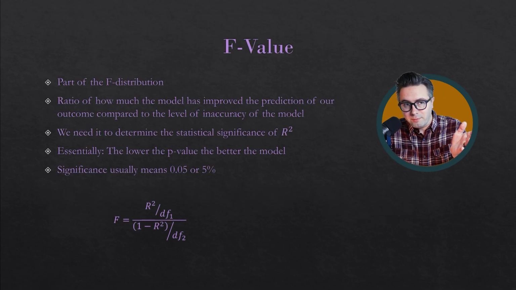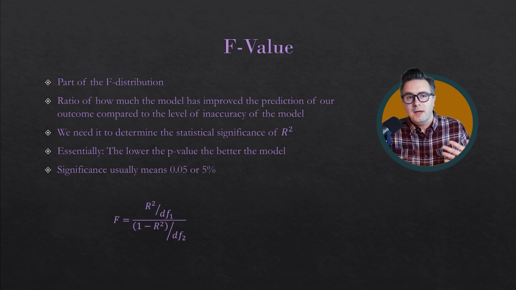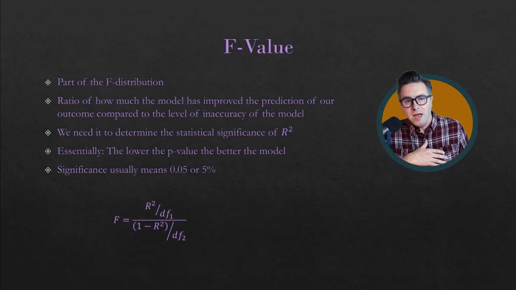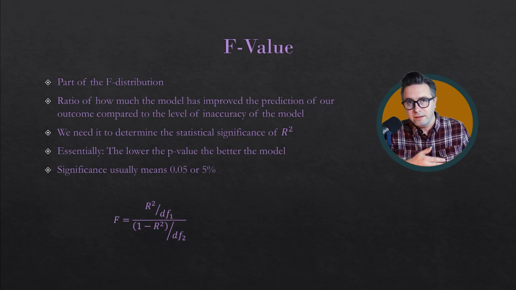So anyways, as promised, the F distribution. For the F value, there's a few different ways to calculate it. This is one of the ways, and it is part of the F distribution. It is a ratio for how much the model improves the prediction of our outcome compared to the level of inaccuracy of the model. And it helps us determine the statistical significance of R squared, right? Remember that was the multiple R squared.